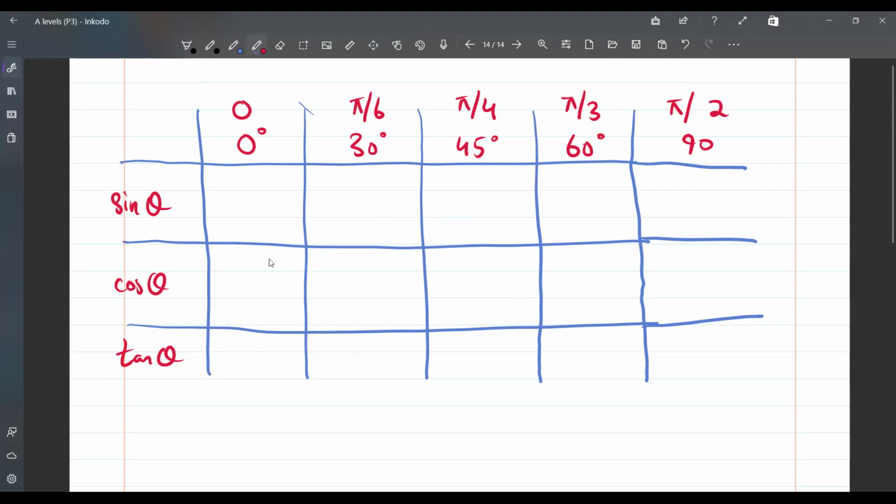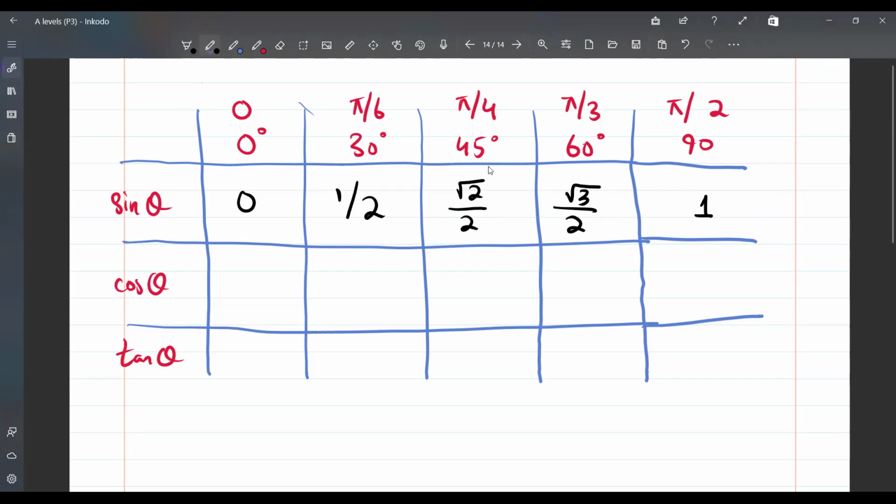The value of sine 0 is 0, and sine pi upon 6 is 1 upon 2, and sine 45 is under root 2 upon 2, and sine 60 or sine pi upon 3 is under root 3 upon 2, and sine 90 is 1.